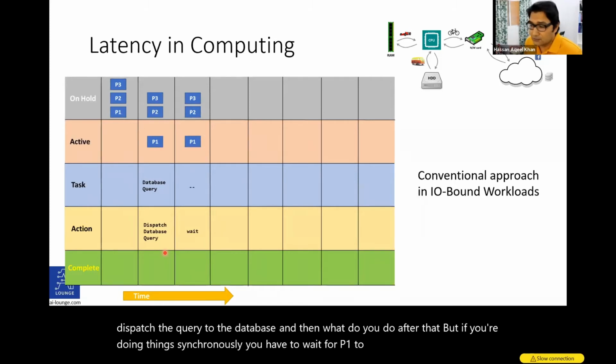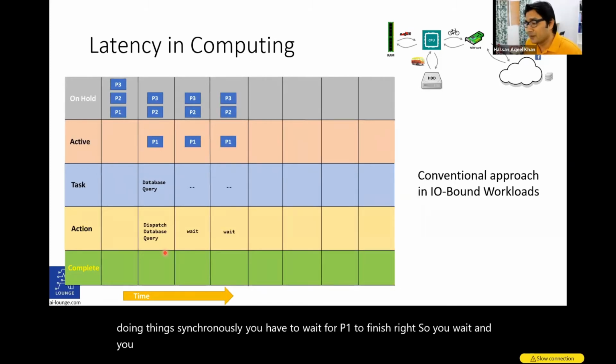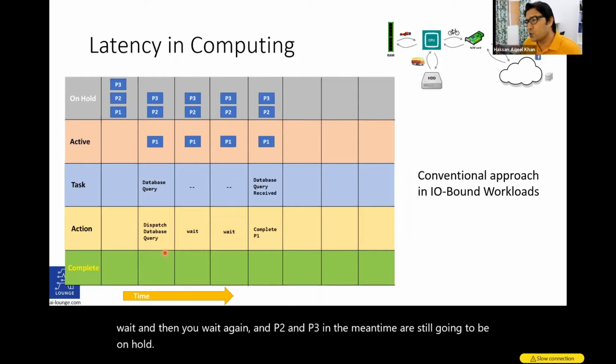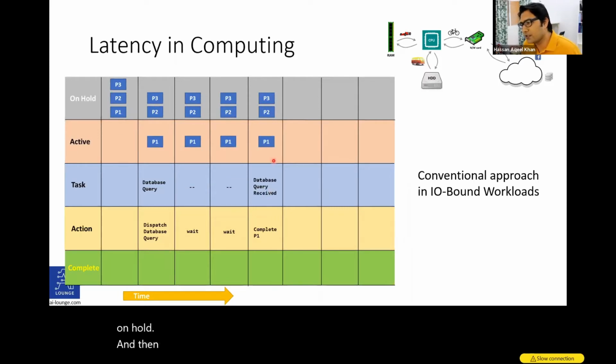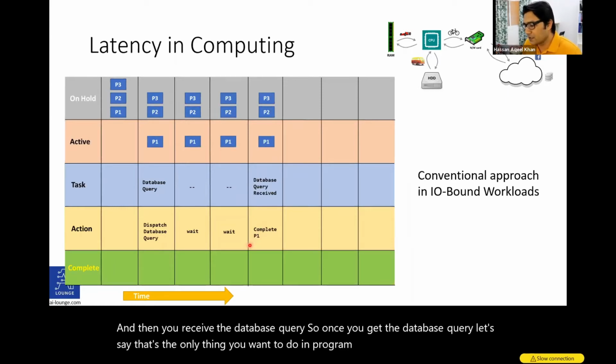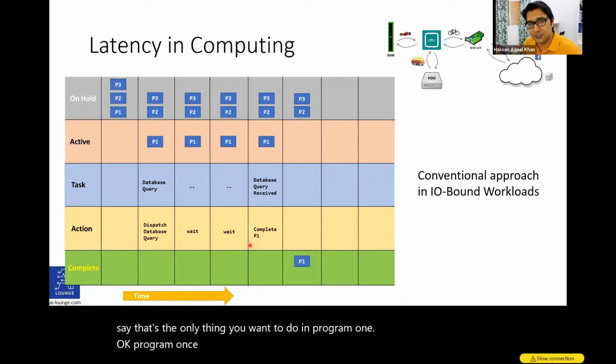So you wait, and you wait again, and P2 and P3 in the meantime are still on hold. And then you receive the database query. Let's say that's the only thing you want to do in program one. Okay, program one's complete.